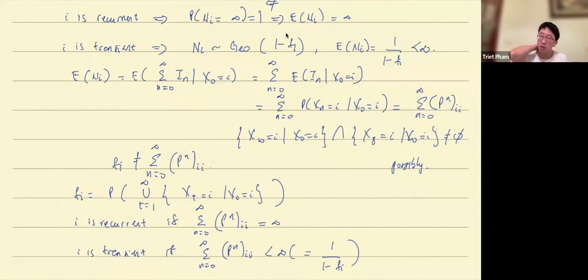Practically, this may not be an easy thing to do, but conceptually it doesn't require us to list all possible paths returning from I to I.